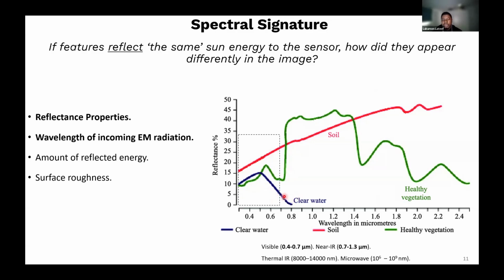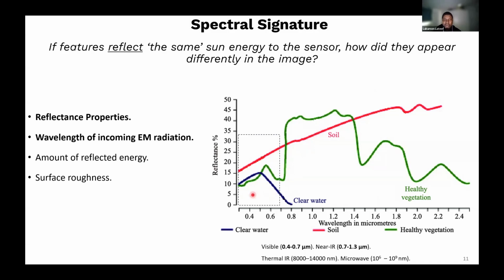So water, for example, if water is very clear and the sediment or the bottom of the water is clear, it has a very low reflectance. The amount of energy that is reflected by water is a bit low compared to other features.